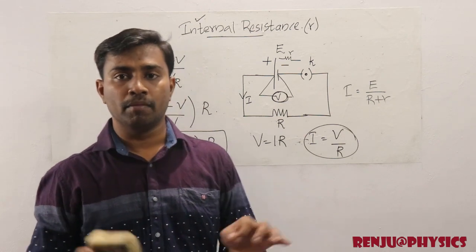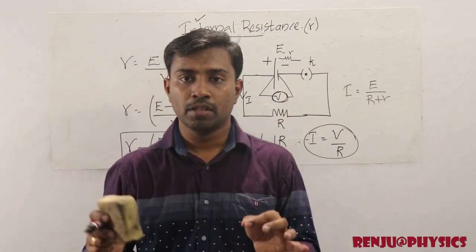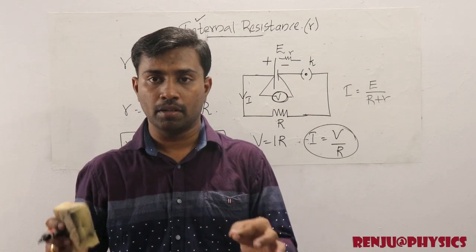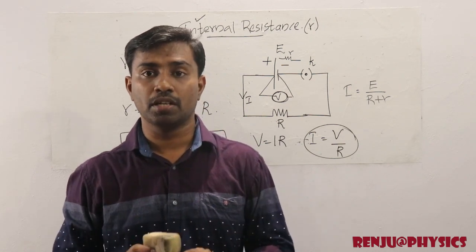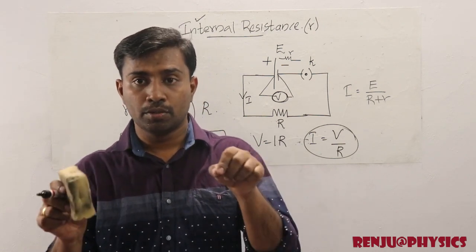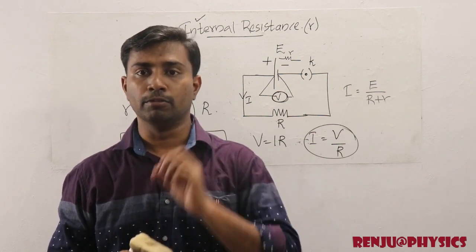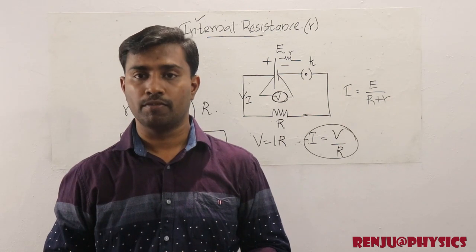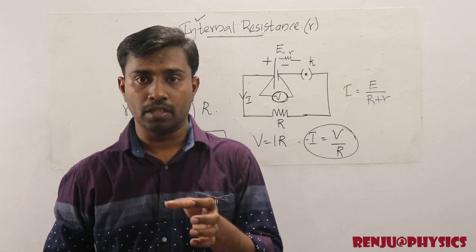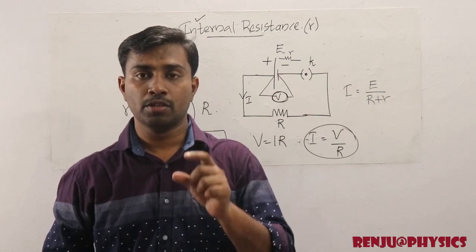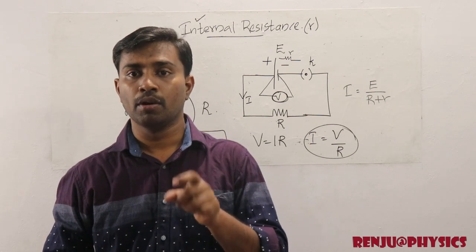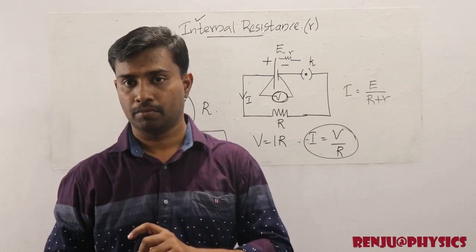So if you measure the potential between two electrodes, we get a value that is called the EMF of a cell. So EMF is the potential difference between two electrodes when no current is drawn.